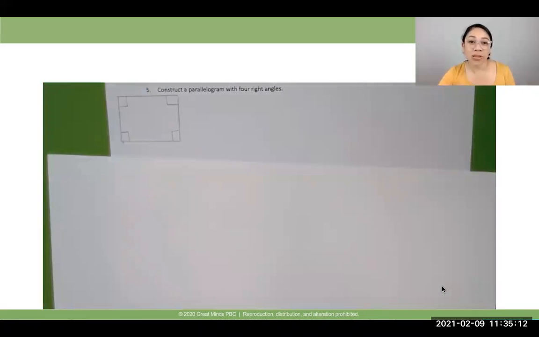These quadrilaterals that we just drew have 2 sets of parallel sides, so they're parallelograms and trapezoids. However, our figures have another special attribute. They all have 4 right angles, so they're called rectangles.